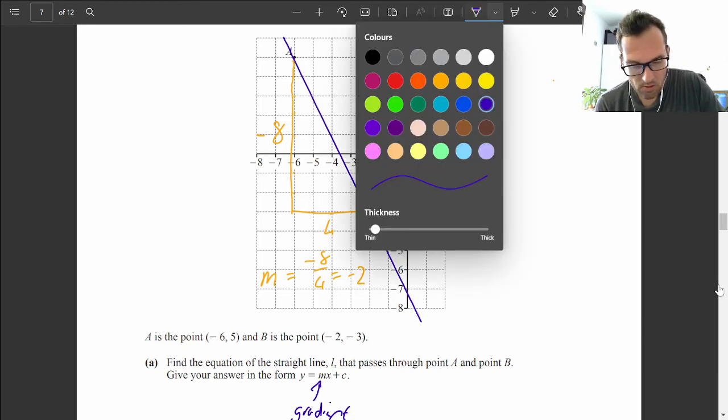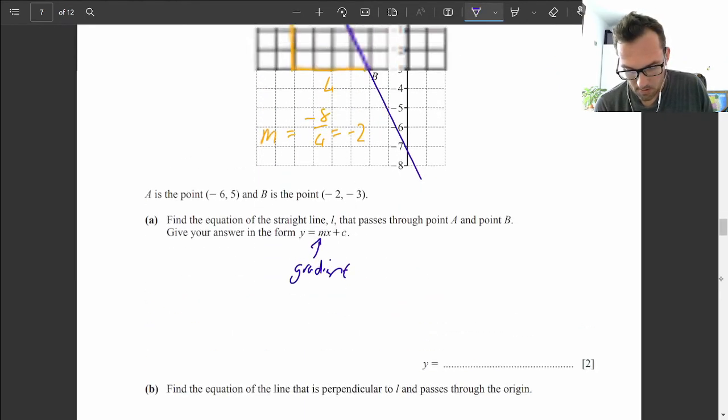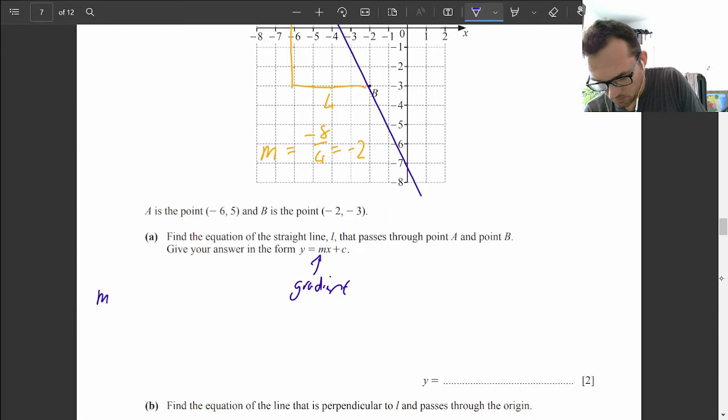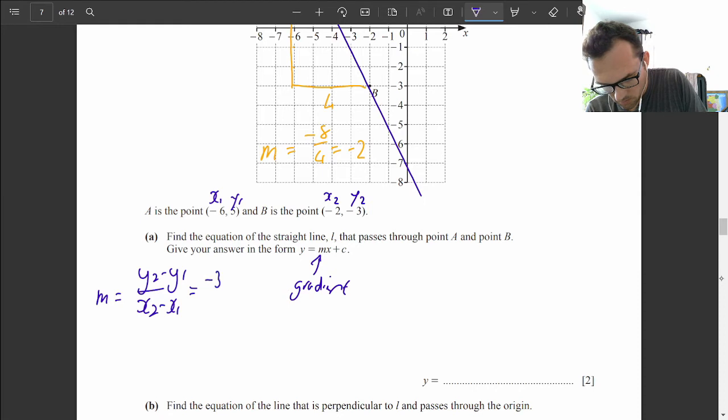If you prefer to use the formula, the gradient of course is the change in y over the change in x. Okay, so in this case, if we make that x1 and x2, y1 and y2, we'll have y2 is minus 3, minus 5.